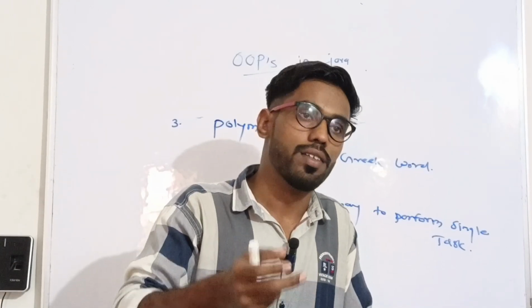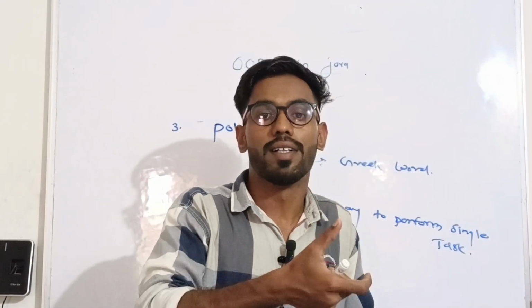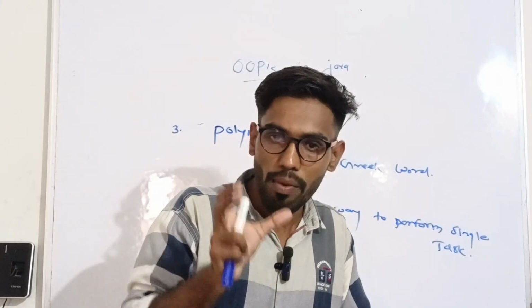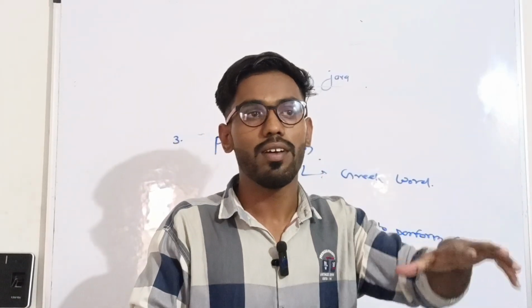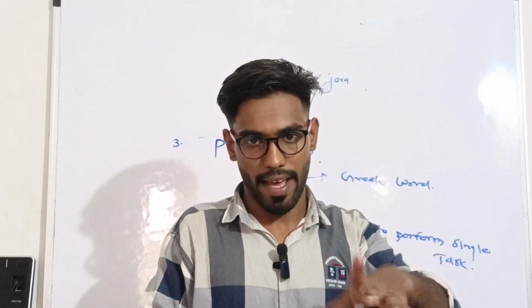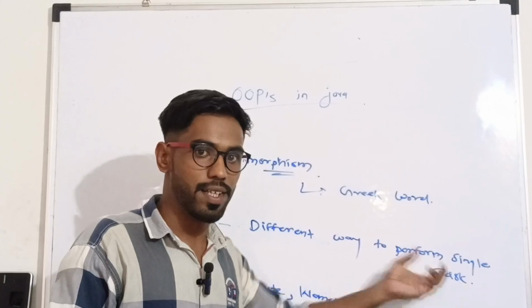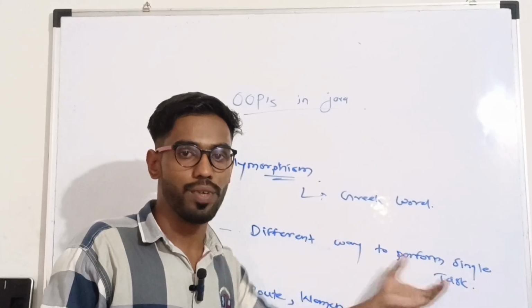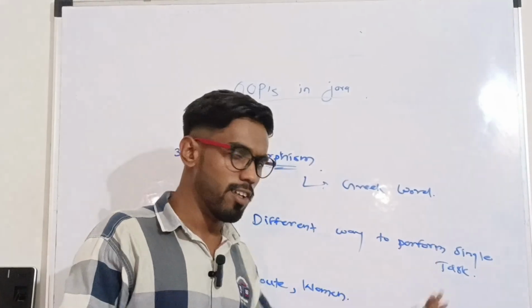Your mom is a daughter to her father and mother. The woman is single, but her role is different for every other person. Like polymorphism, to perform a single task there are different ways we can perform that task. So that is polymorphism.